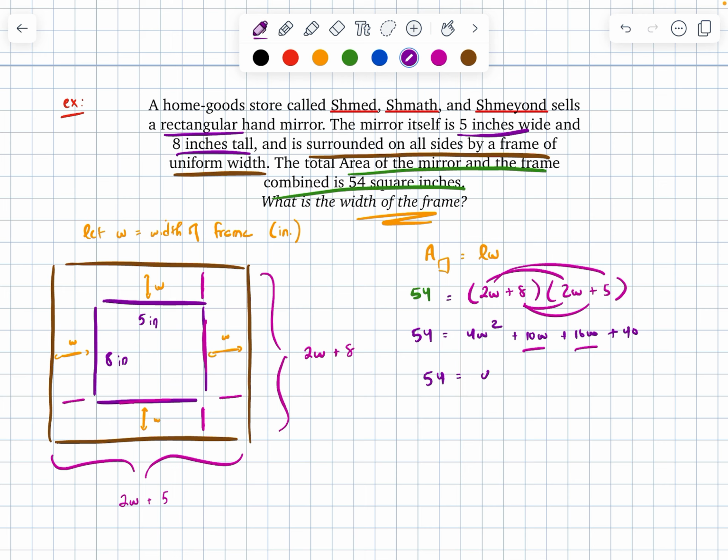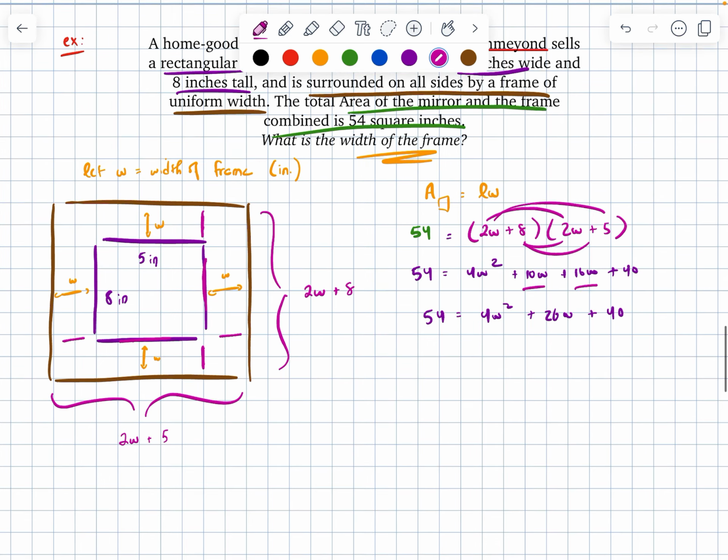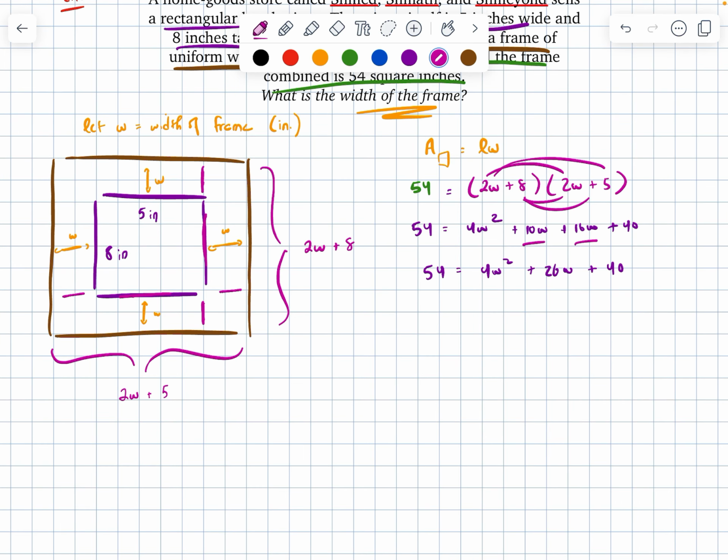Over on the right, let me combine those like terms. 54 is going to be equal to 4W squared plus 26W plus 40. Now, once again, quality of life choices. It would be really nice if I could divide everything by 4, but 26 is only divisible by 2. Because all of these are even, though, let me go ahead and divide my entire equation by 2.